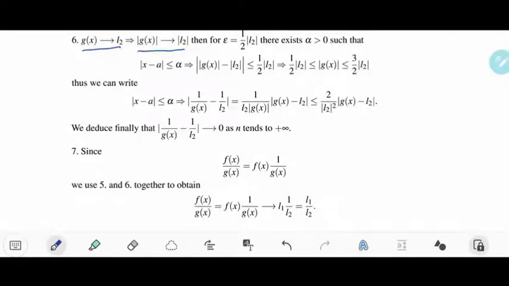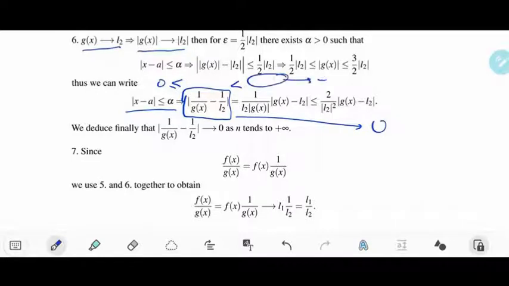What we need to have is that if |x minus a| is less than a given alpha, then |1 over g of x minus 1 over L2| should be less than the epsilon that we choose, or should be something that tends to 0, right? So to prove that it's something that tends to 0, since it's positive, so it's greater than 0 from one side, we can prove that it's less than something that tends to 0. Then it will be tending to 0, of course.